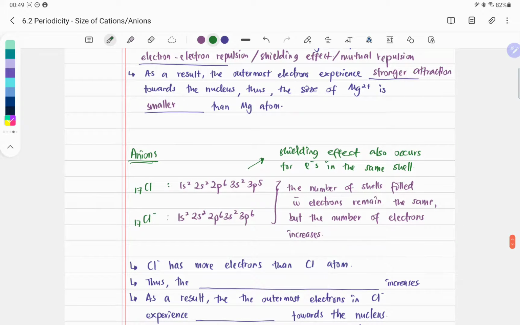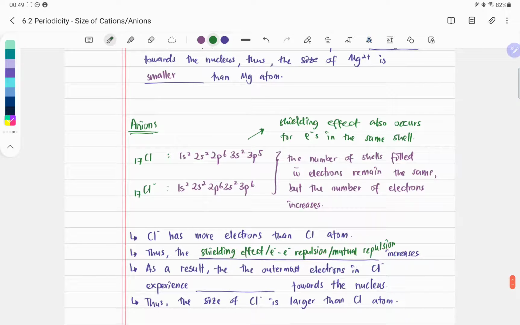So Cl- has more electrons than Cl atom, thus the shielding effect ataupun electron repulsion ataupun mutual repulsion, pilih salah satu je, increases. Okay, so the electron repulsion increases, and as a result of that increase in electron repulsion, the outermost electrons in chloride ion experience weaker attraction.